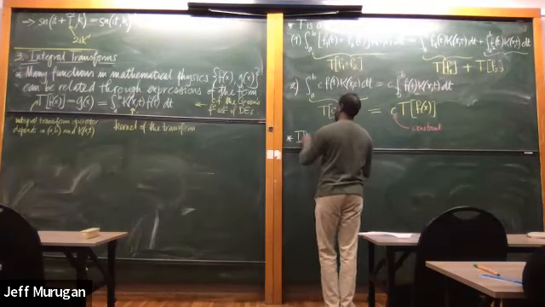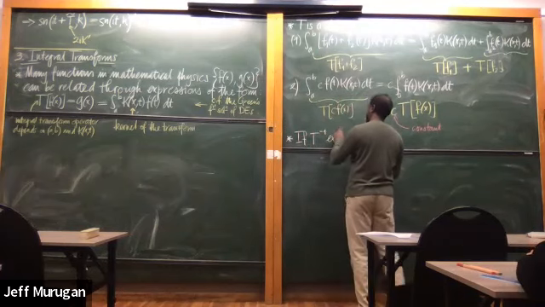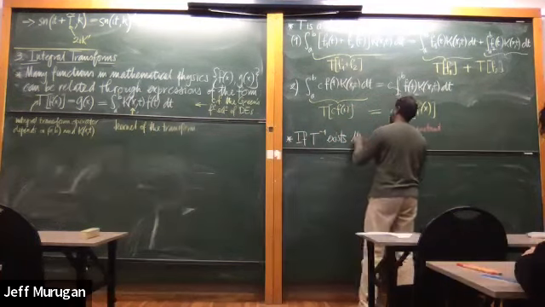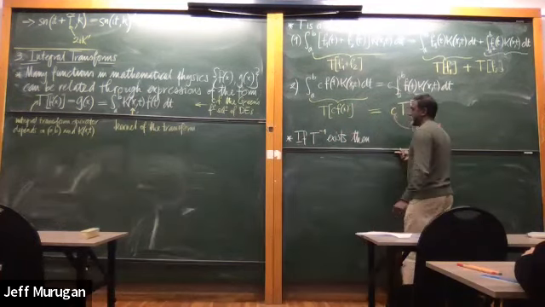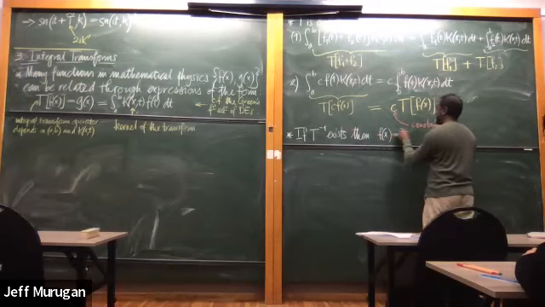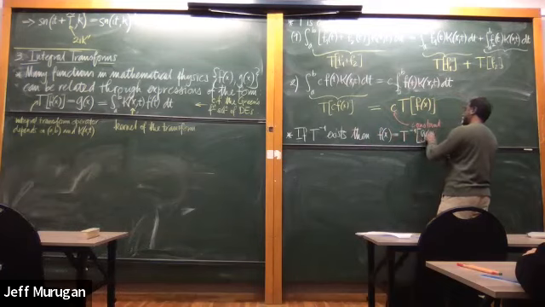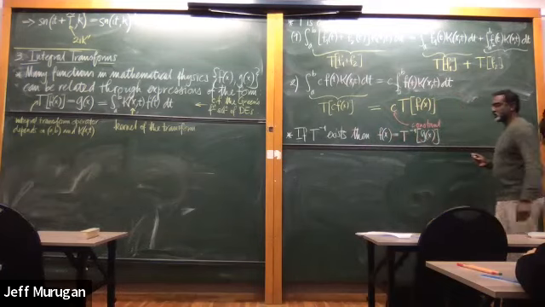Okay. When this is possible, we can invert. So if T inverse exists, then f of x is T inverse of g of x.